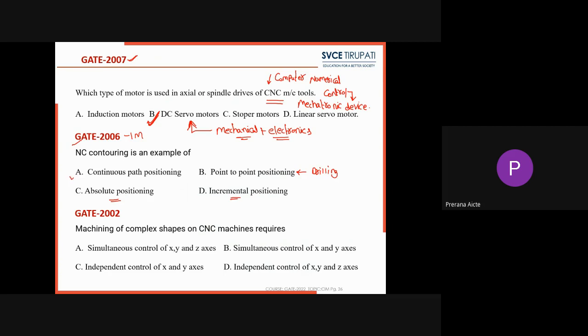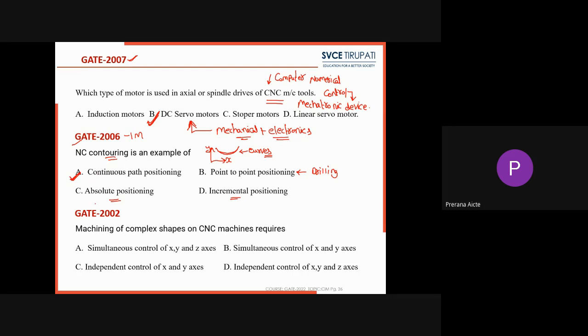Here we use continuous path positioning, because the contouring operation is used to provide curves. In the case of curves, the cutting tool has to be controlled in two axes, the x-axis and also the y-axis. So the answer is continuous path positioning.